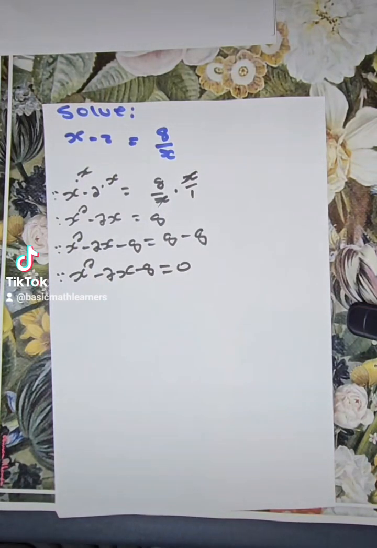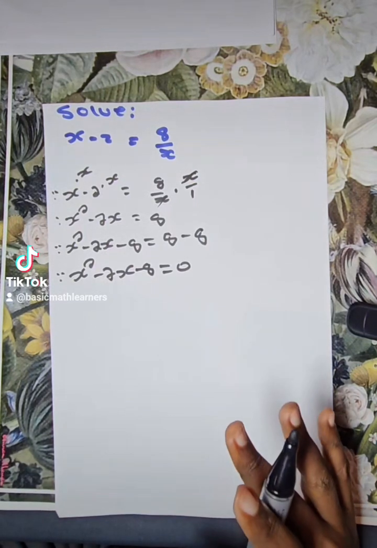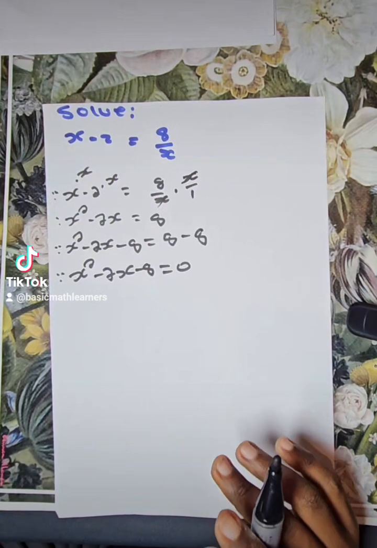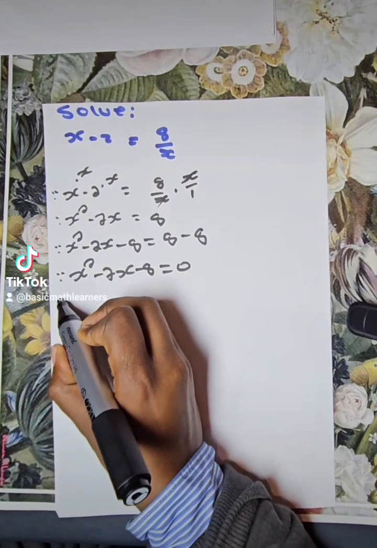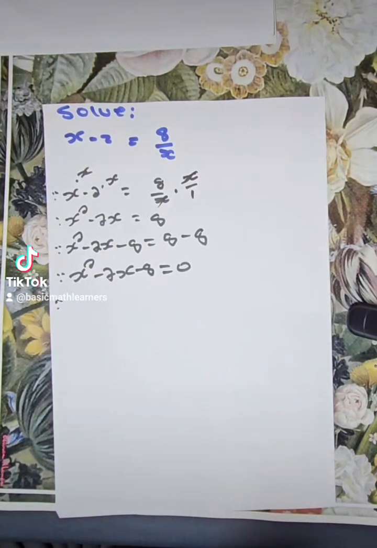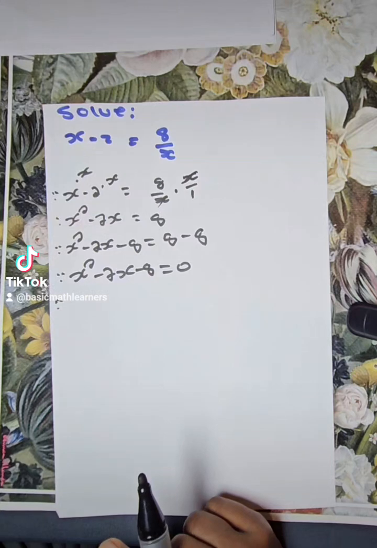Now, we have the equation in standard form. In order to solve, we need to factorize. Well done. The first thing you need to always check is if you can take out any common factor. No common factor here.